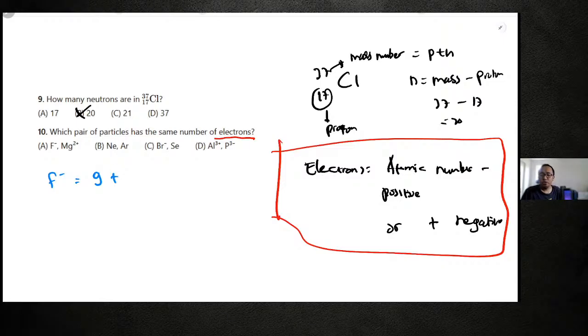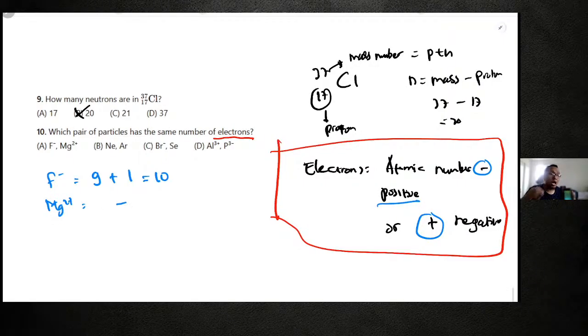If the charge is negative, we use plus here, and if the charge is positive, we use minus. So 9 plus 1 is 10. Then Mg2 plus: remember the opposite sign between both. Mg is 12, minus 2, it should be 10 again. So the answer matches for option A.